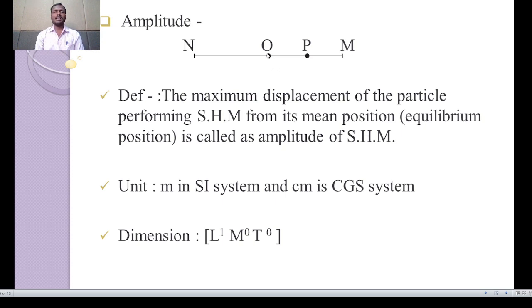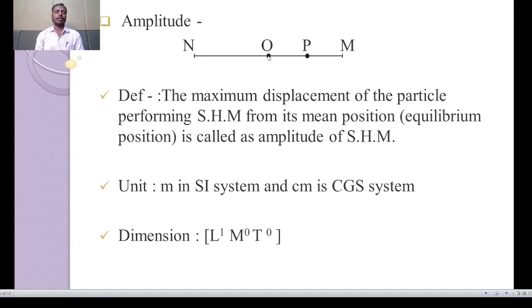Consider the particle starts from mean position O, goes toward the positive extreme, that is toward point M, comes back to the point O, then goes toward the negative extreme, that is point N, and comes back to the point O. This is nothing but one oscillation.